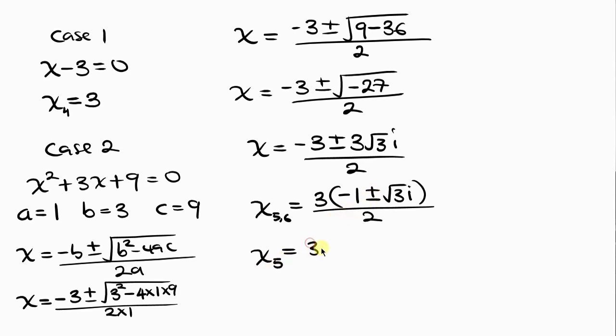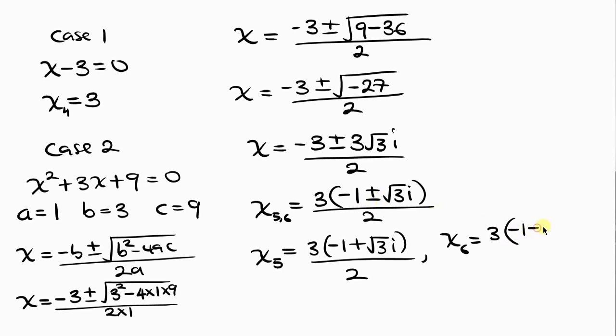So I have 3 times negative 1 plus the square root of 3 times i all over 2. Now for the sixth solution of x, which is x sub 6, this is equal to 3 times negative 1. This time I'm going to be picking the negative, which is minus root 3 times i all over 2. So you notice that I have 6 solutions for x.